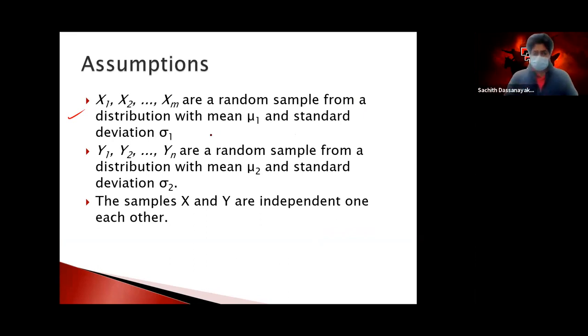Each sample has a mean, mu1, and standard deviation sigma 1. The second sample has the same situation, independent observations, a different mean and a different standard deviation. Finally, we assume that those two samples are independent.